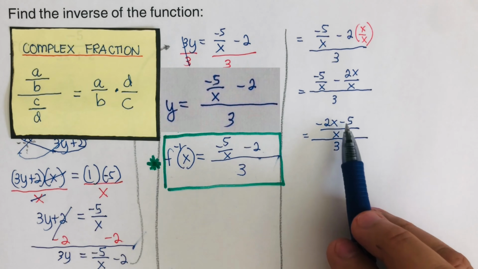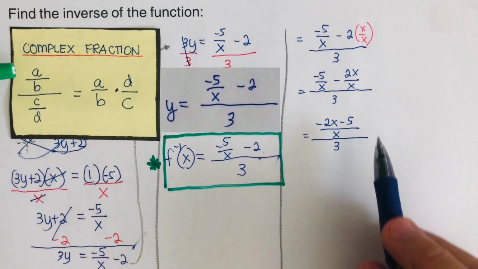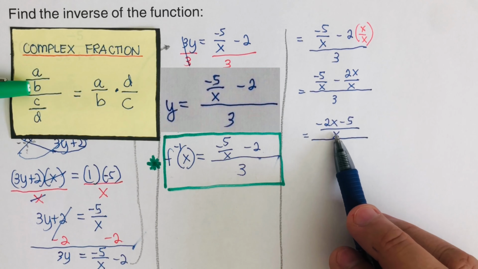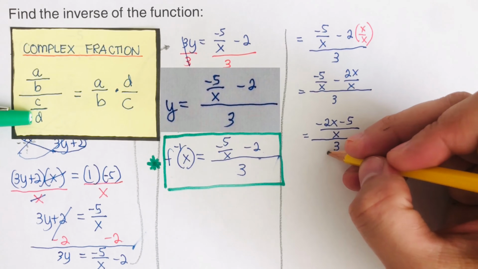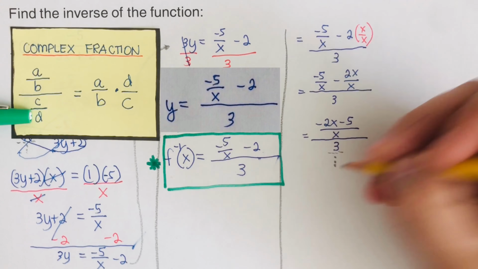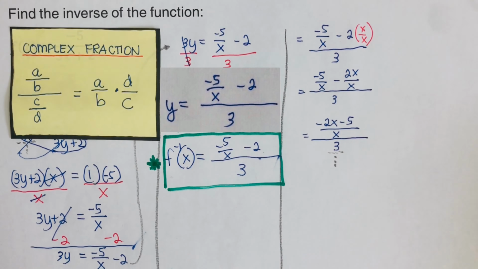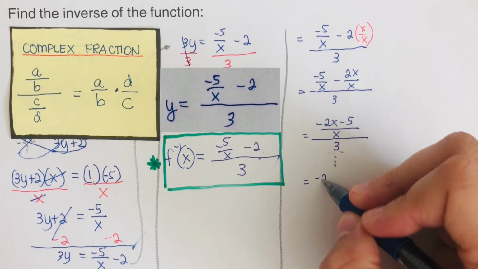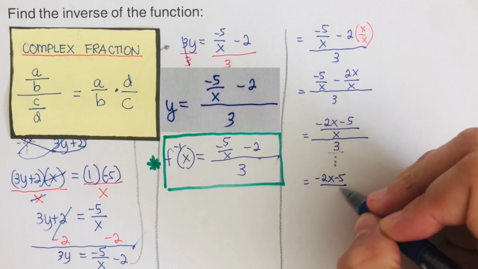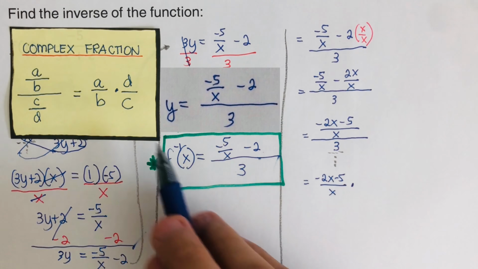So remember, this is our a, this is our b, and this is our c, and the d here is the invisible denominator 1. So then we can simplify this by rewriting it this way, multiplying it. So that would be a over b, so that is negative 2x minus 5 over x times d over c.